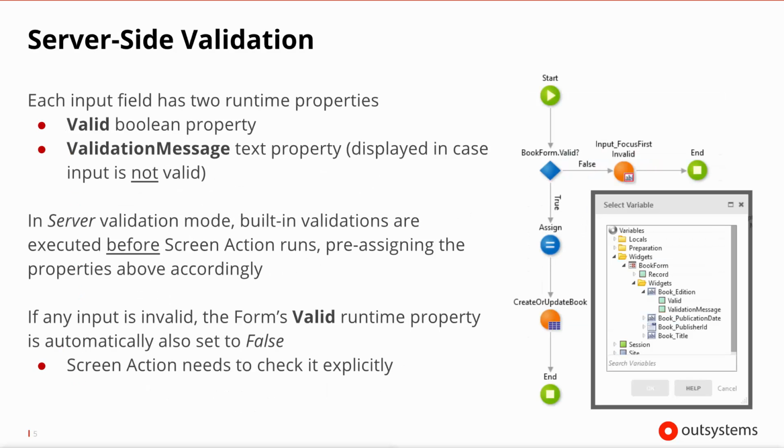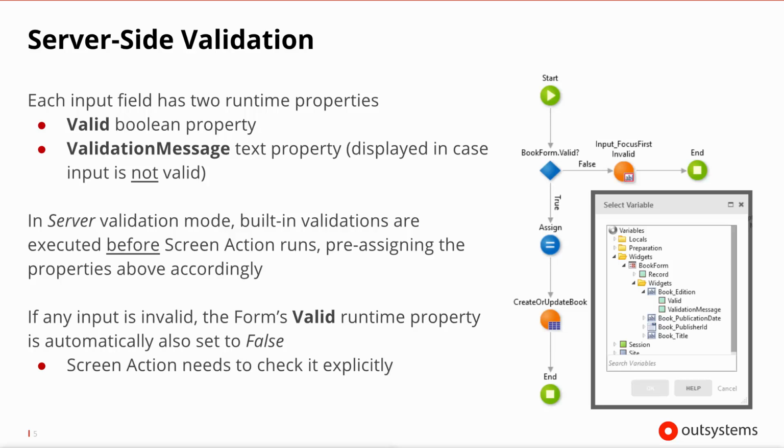Now, once execution reaches the screen action, you will notice, if you look into the scope of the screen action, that every single input has got two properties. One which is valid, which is a Boolean property, and another one which is validation message, which is a text property.